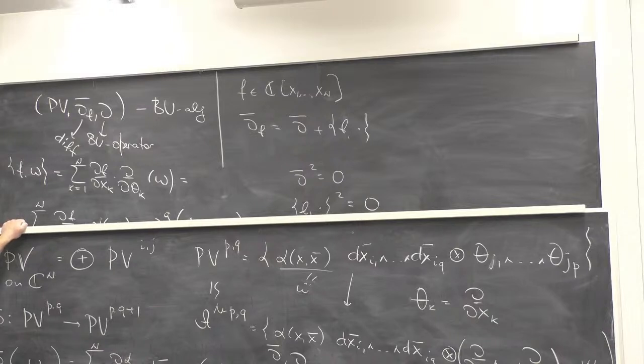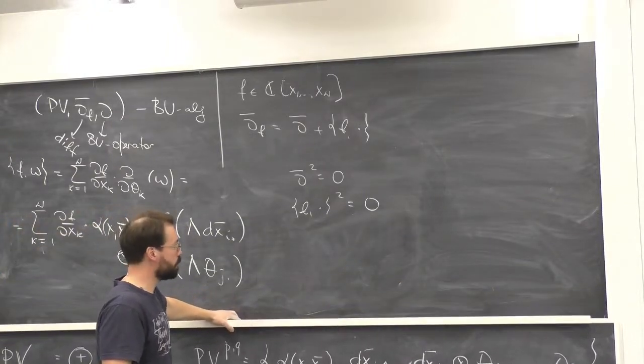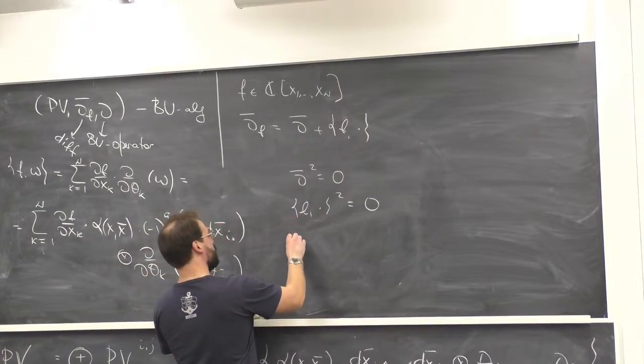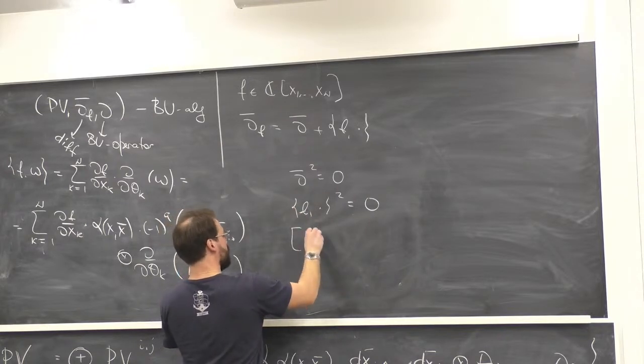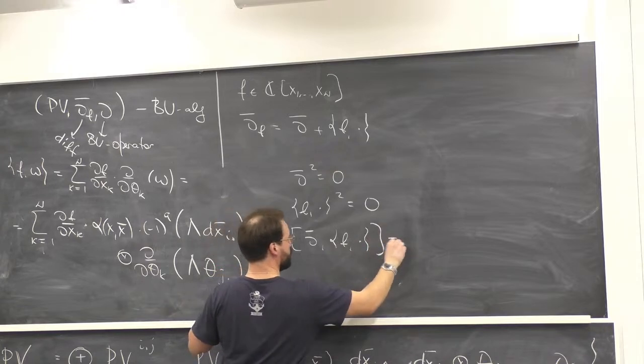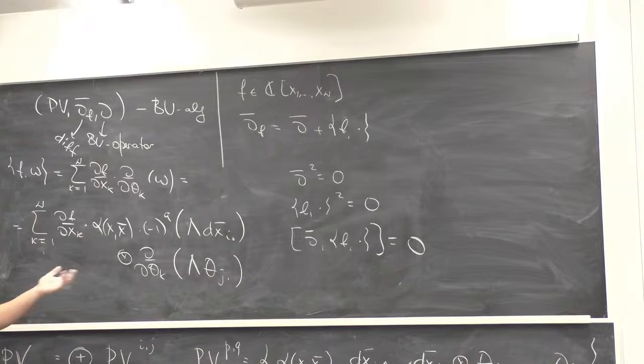Yeah, that's true. So the point is the following: this is equal to 0, and actually d bar and the bracket with f commute. But in that picture it's not. Yes.